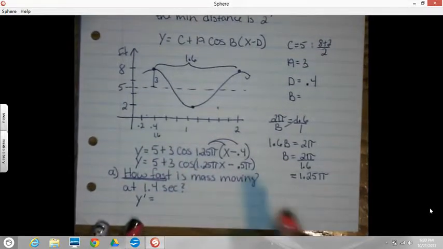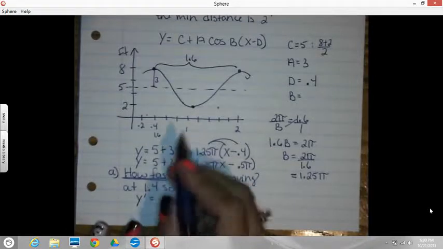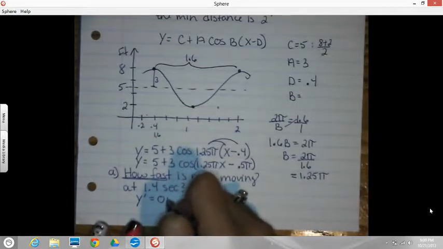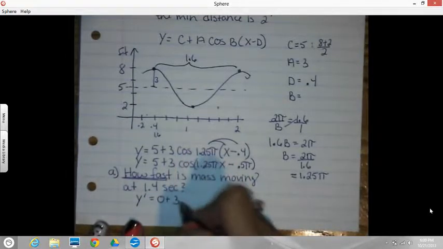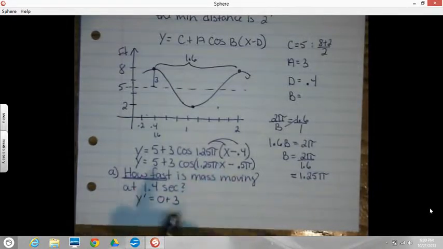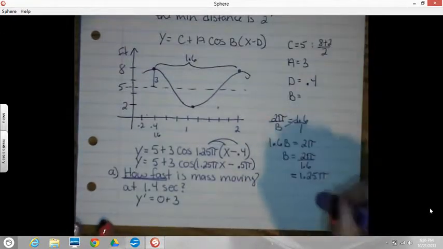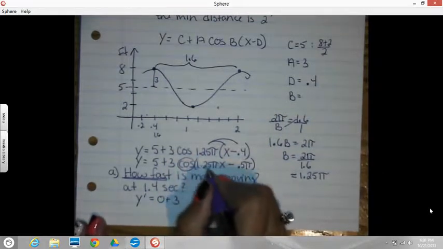Okay, first term is just a plain old 5 by itself. Derivative of 5 goes to 0. Derivative here, I've got a multiplier of 3. Remember, multipliers carry along. Then I've just got a trig function with an ugly looking angle next to it. So, trig function is my outside, angle is my inside.